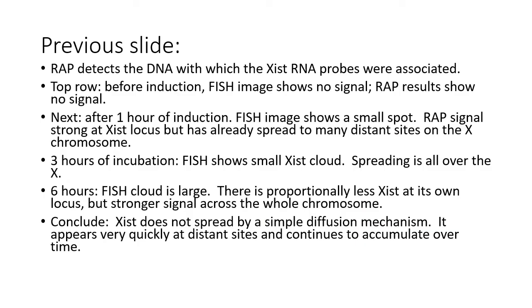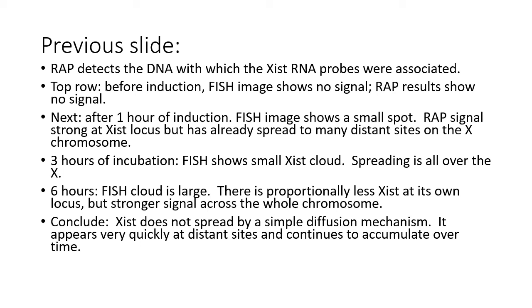Okay, so this summarizes what I just said, basically, that the RAP will detect the DNA with which the Xist probes were associated reasonably. And you can see the induction by fish along the 6-hour time course. And you can see as the time goes on, we get more and more of the fish signal from Xist.